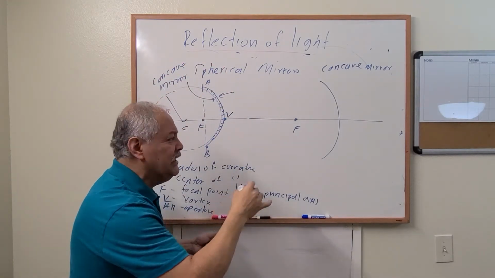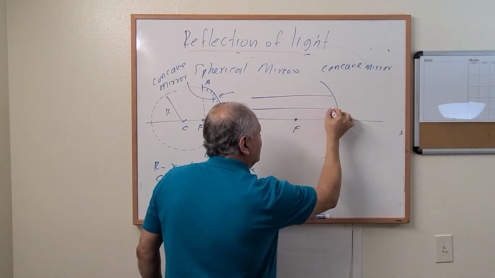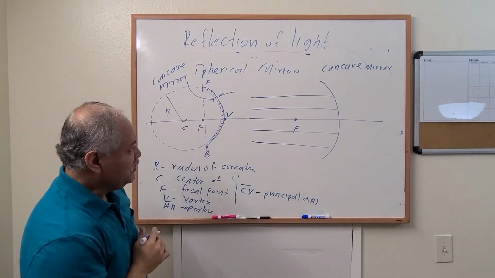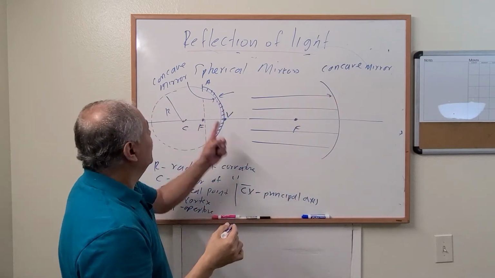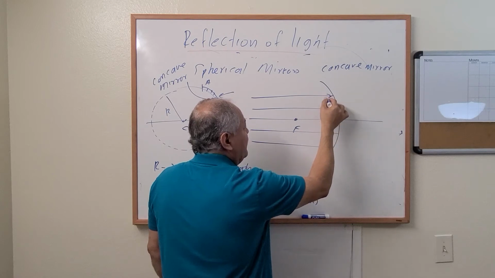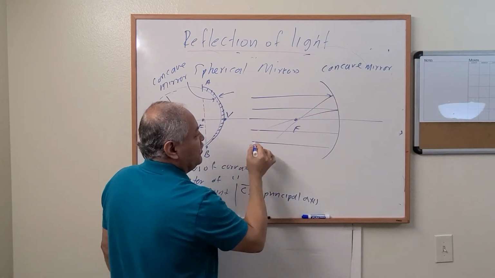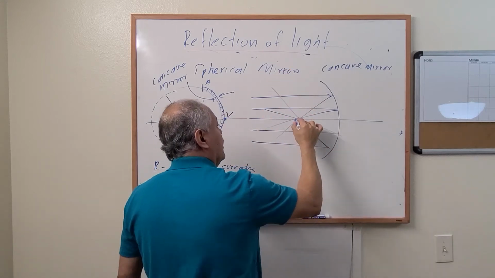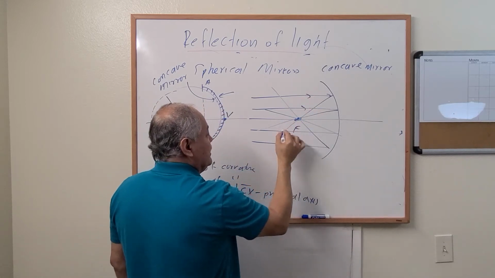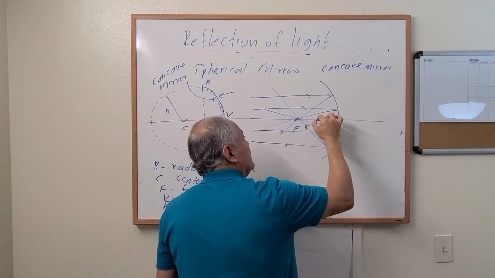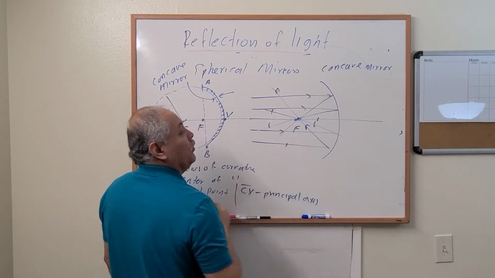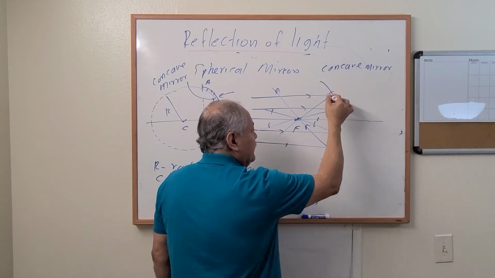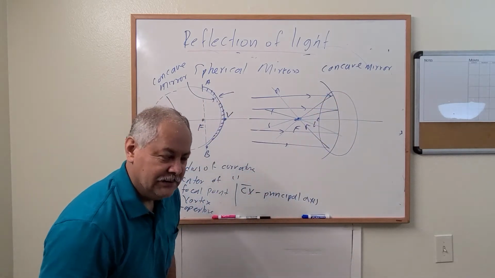Remember from the previous analysis that when the source is far away, the rays are parallel. For spherical mirrors, these rays are reflected and pass through one point, called the focal point. Of course, that happens when this area is close to the principal axis.